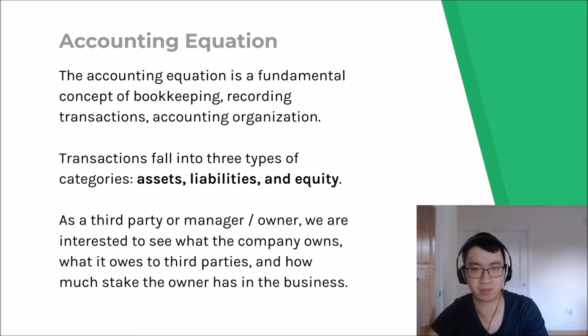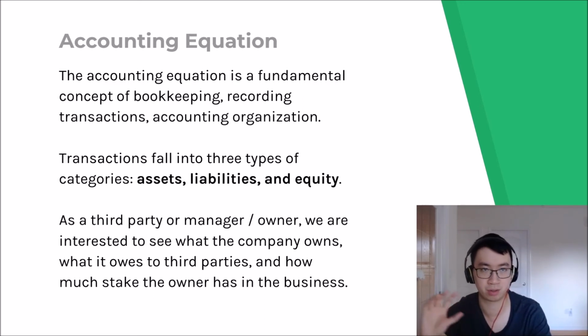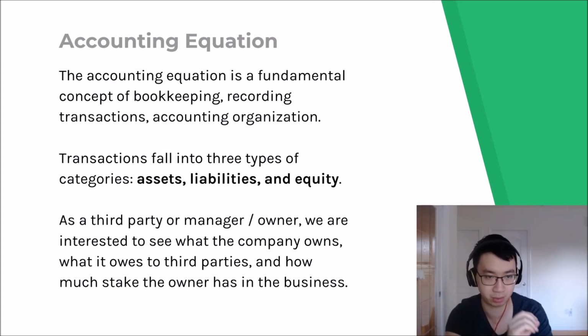So the value of the organization is going to change. Transactions fall into three types of categories, and we set up these categories so that we can place our information and our numbers into these sections. So we have our assets, liabilities, and our equity. The accounting equation is our assets minus our liabilities is equal to our equity.